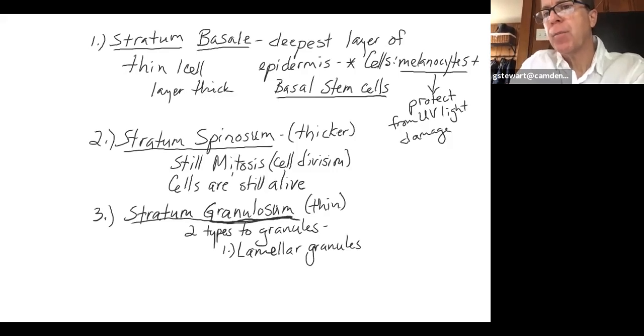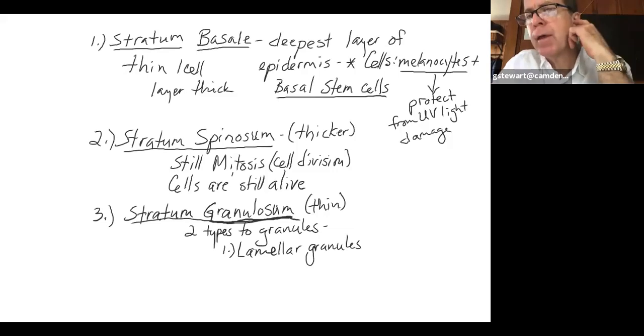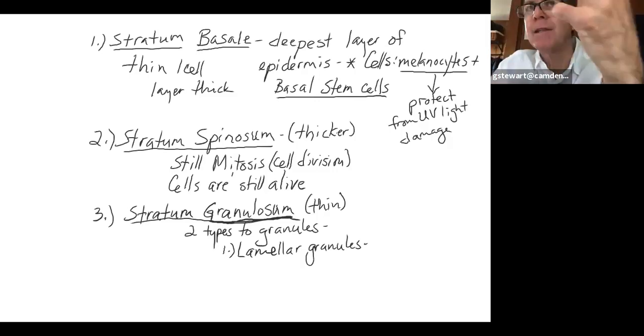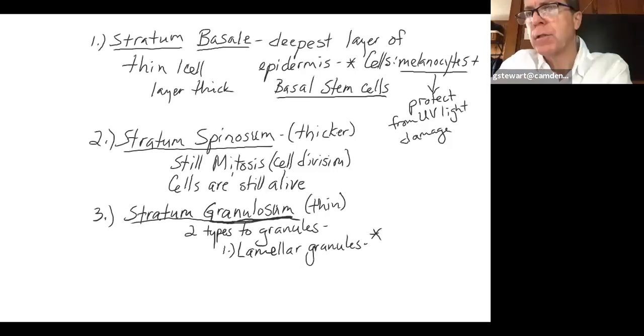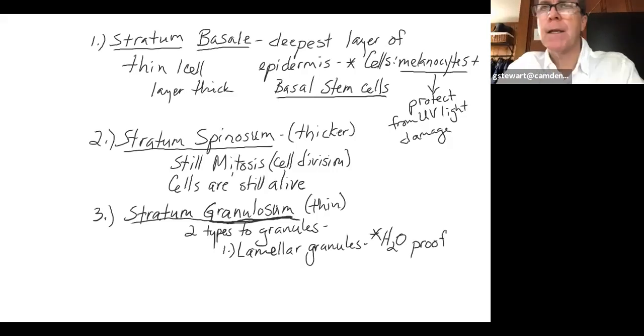The first type are called, that's LAM as in Mary, ELLAR, lamellar granules. These are special things. They give our skin its waterproofing ability. So I'm just going to write H2O proof. The reason that we can jump into a swimming pool or go into the ocean and water doesn't get through our skin is because of the presence of these granules in this layer.